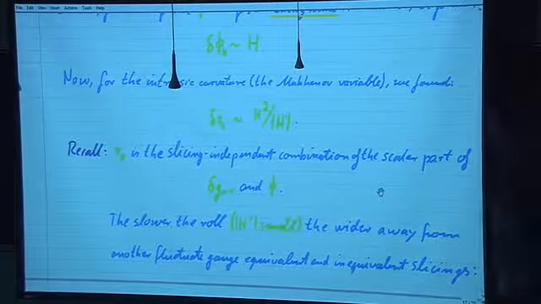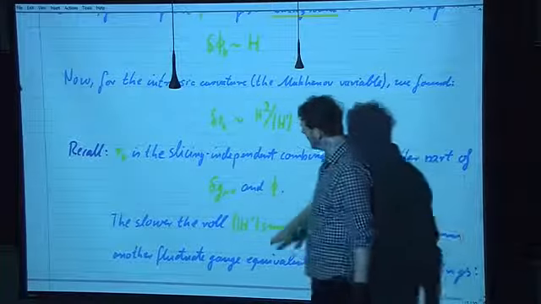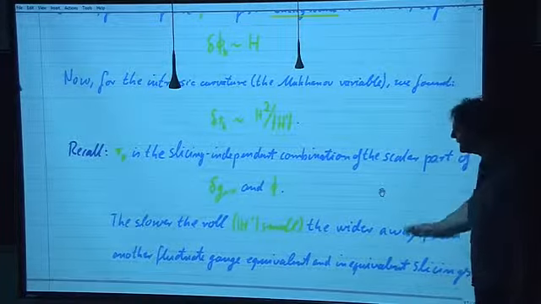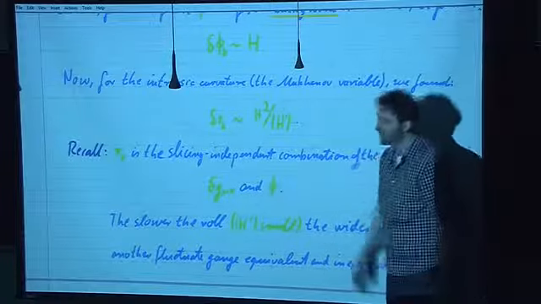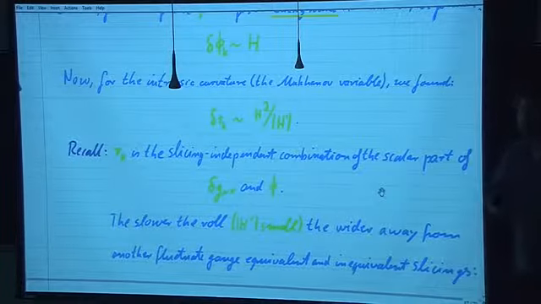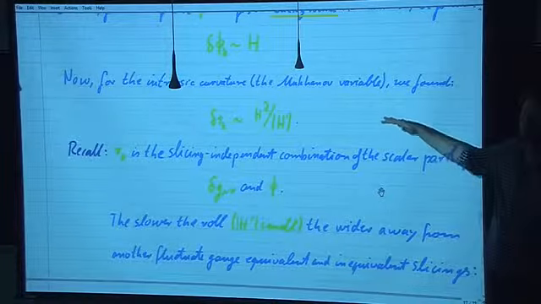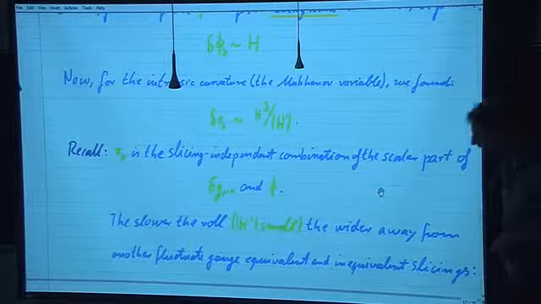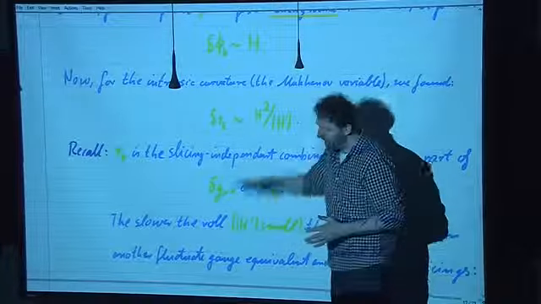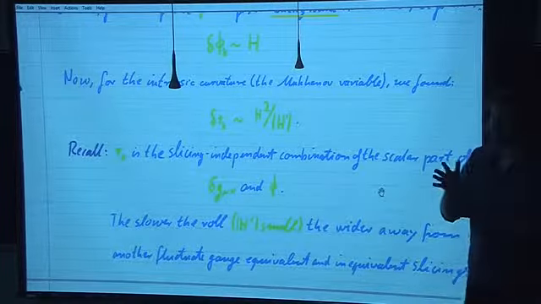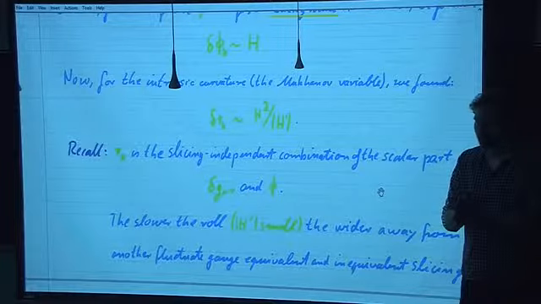Now, the slower the slow roll is, the more dramatic is the effect of this gauge equivalence. Remember, the fact that the Mukhanov variable is gauge independent means that it is independent of the way you slice your space-time into space-like hypersurfaces.